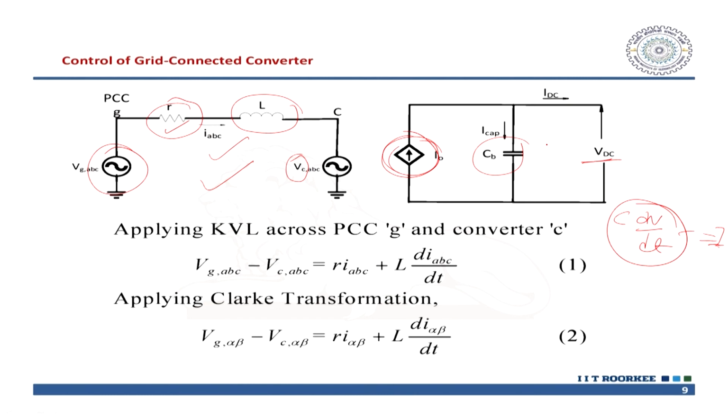So, applying KVL across the PCC, we write G and C as a converter. This is a single-line representation, it can be Vg abc minus Vc abc.